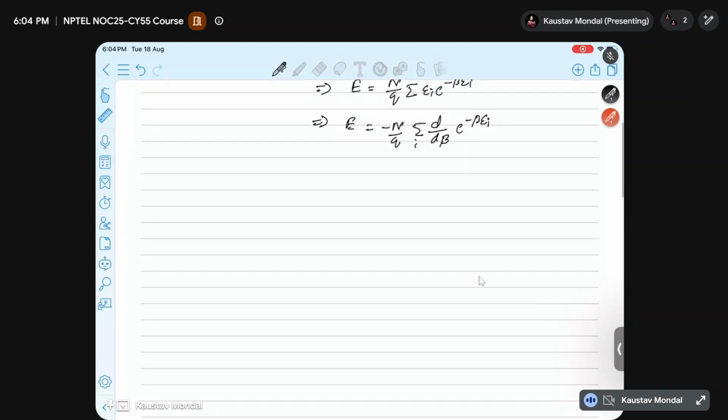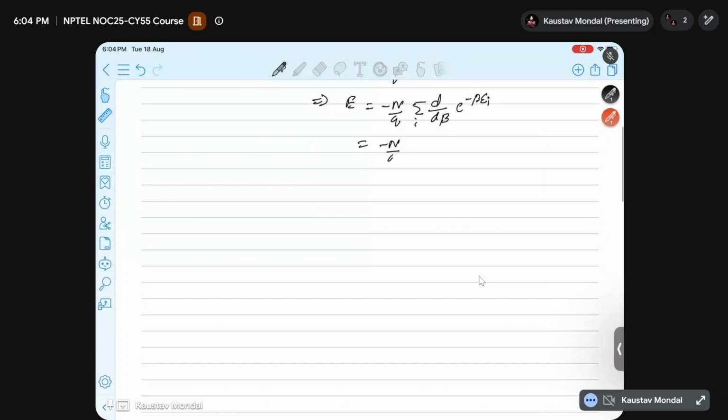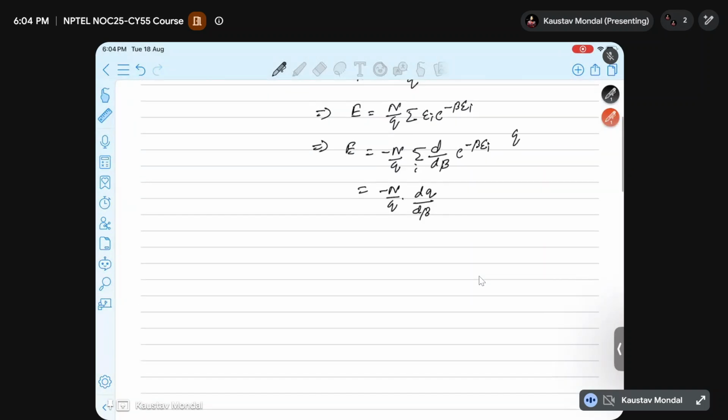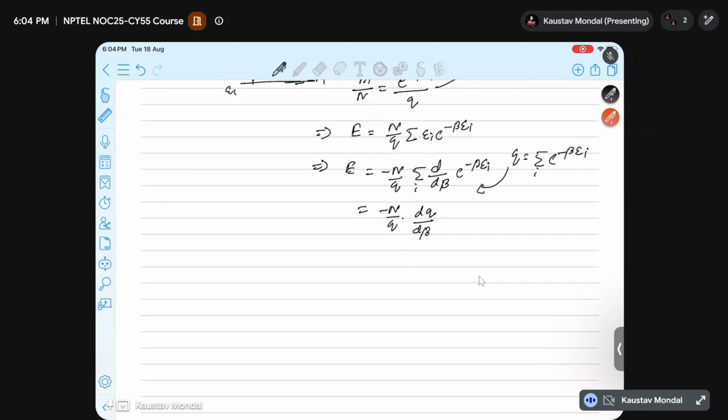Substituting this, you get a very nice looking expression for the total energy of a system.